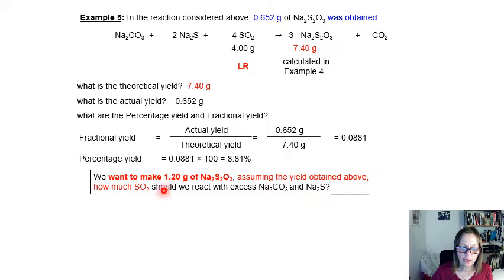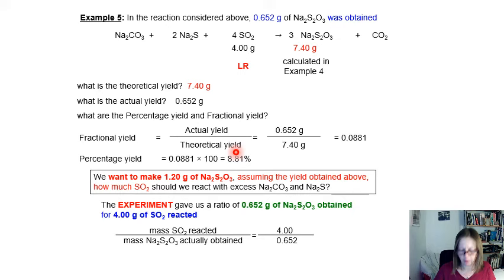How much sulfur dioxide do we need to react with excess sodium carbonate and sodium sulfide to actually get this 1.2 grams of sodium thiosulfate? So remember that we have now a ratio that is telling us that 4 grams of sulfur dioxide gave us 0.652 grams of sodium thiosulfate.